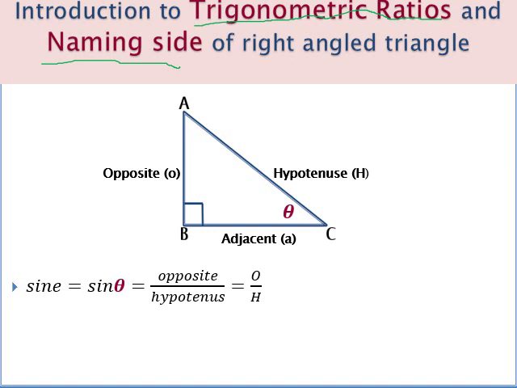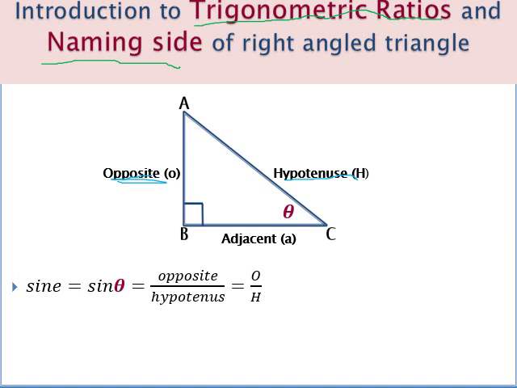Because in this case we were given angle C, which is theta, sine theta becomes the opposite side over the hypotenuse side. This can be further written as O over H.